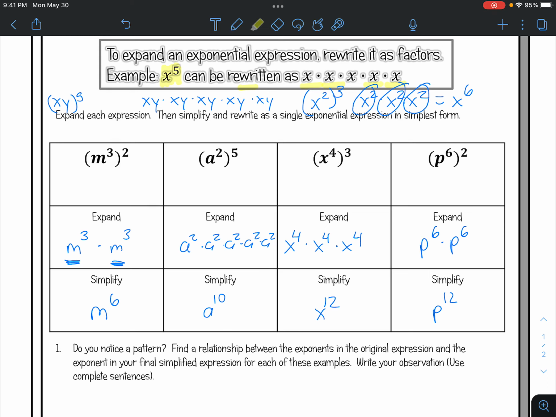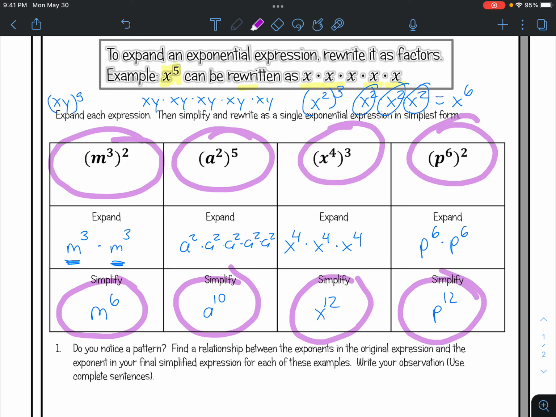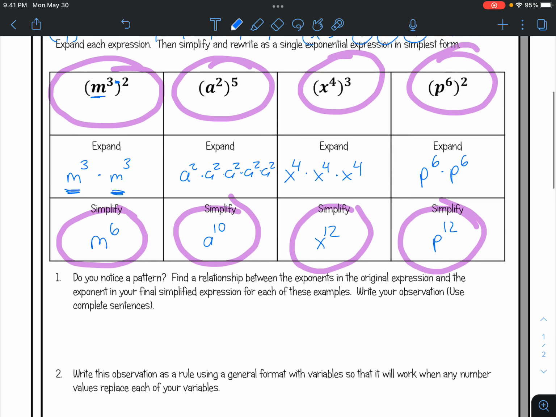Now, what I want you to do is look and see if you can find a shortcut to go from there to there, there to there, there to there. What do you notice? I'm hoping you said that you noticed that you kept the base and multiplied your exponent. That's our new rule.